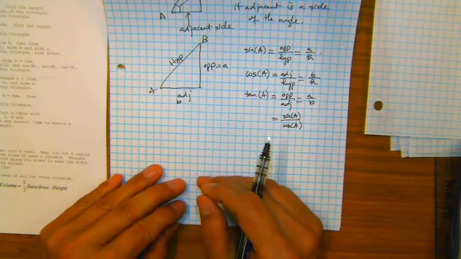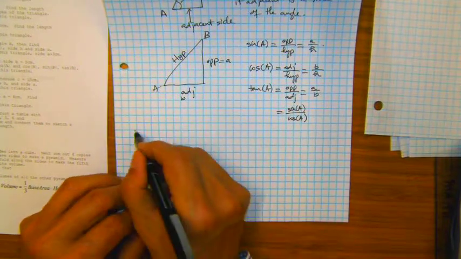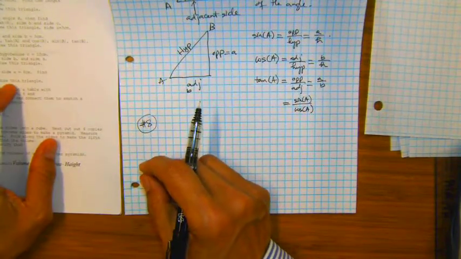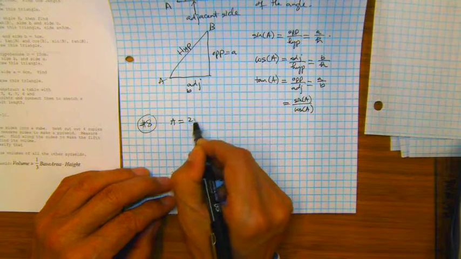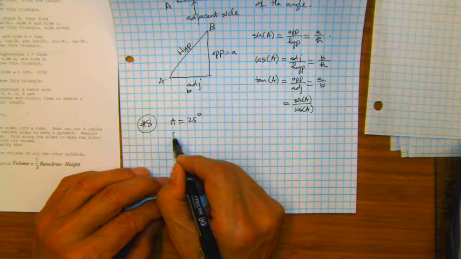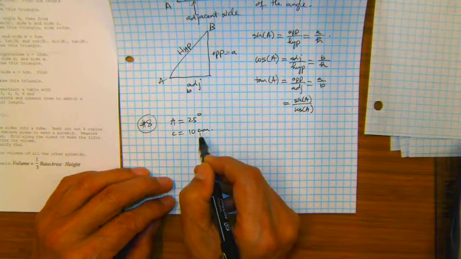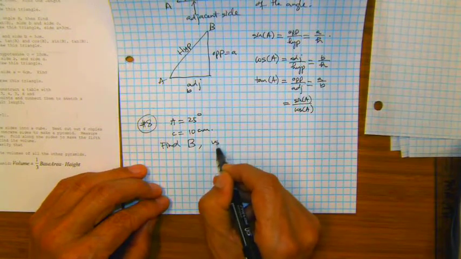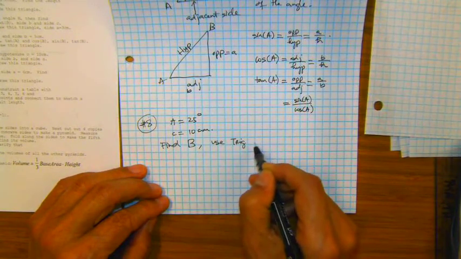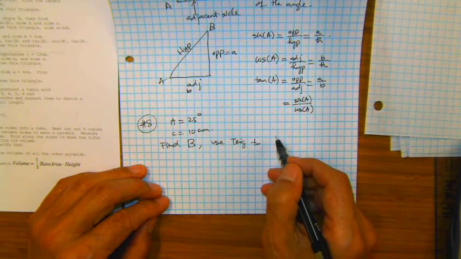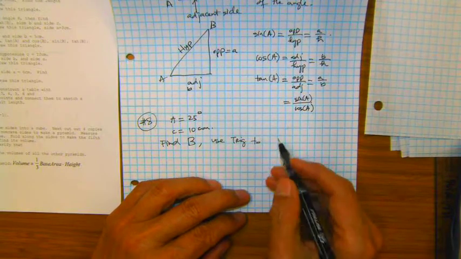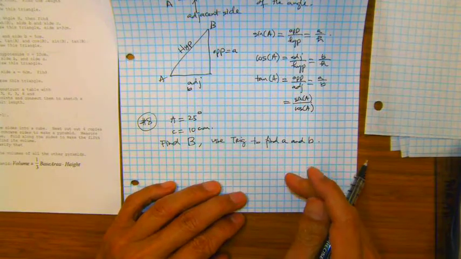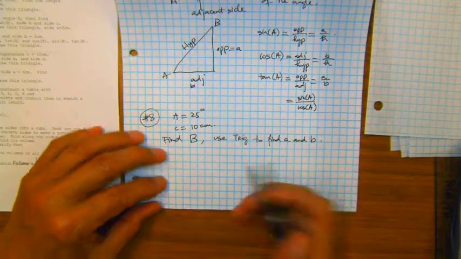All right, so let's do number 8. Number 8 says, given a right triangle with A at 25 degrees and C is 10 centimeters, find angle B, and then use trigonometry to find sides A and B. Okay, so draw a diagram.